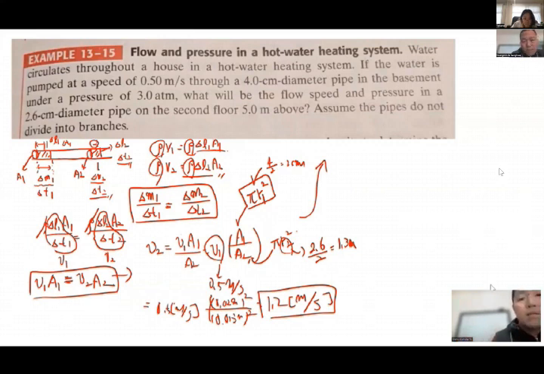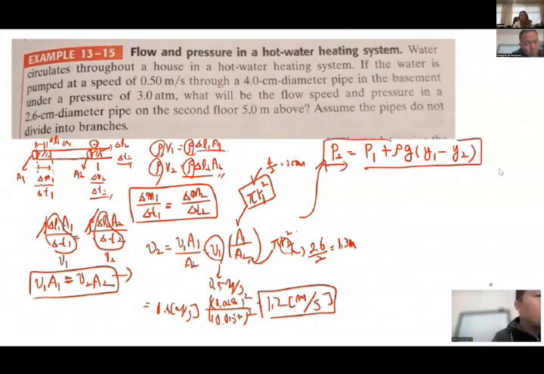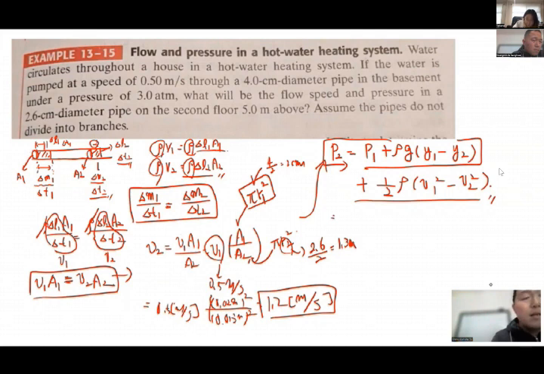According to Bernoulli's equation, the pressure is the reference pressure plus density times g times the difference between the two points in vertical position, plus their kinetic energy difference. Okay, so now we plug the numbers into this formula to estimate the pressure at the spot of our interest, which is 5 meter above the basement.